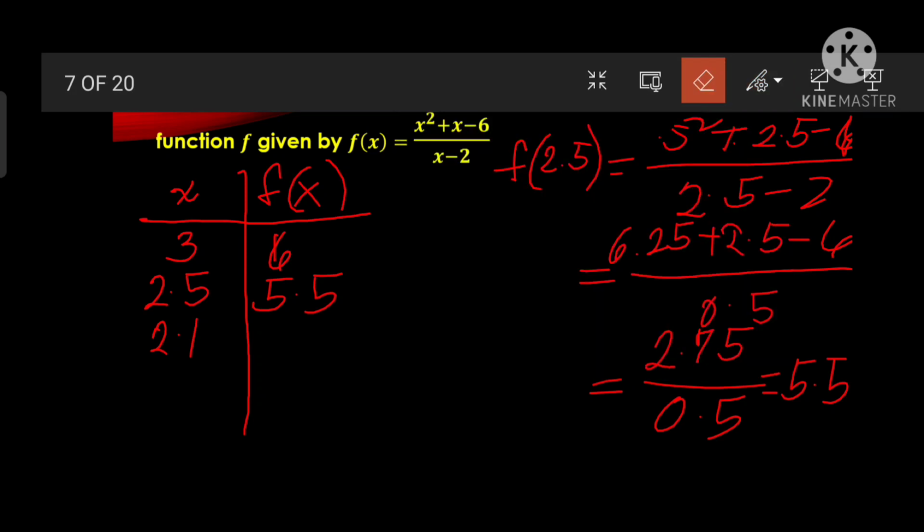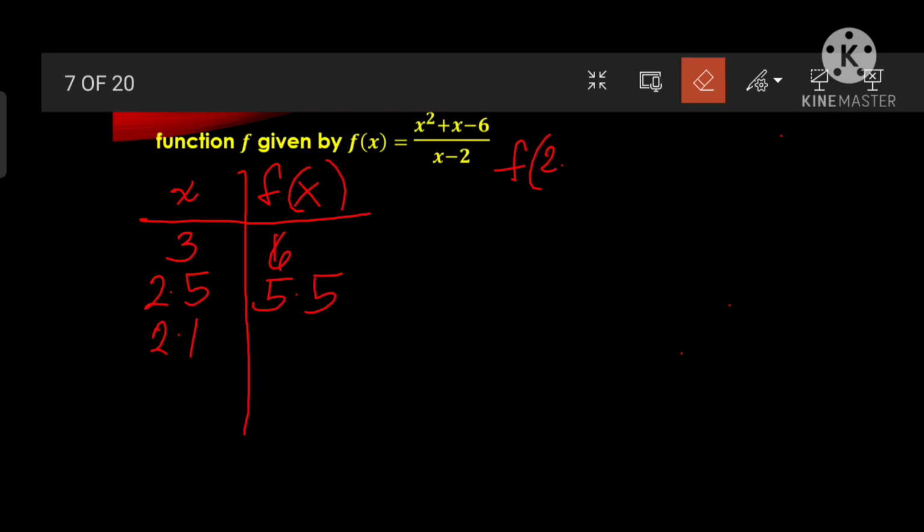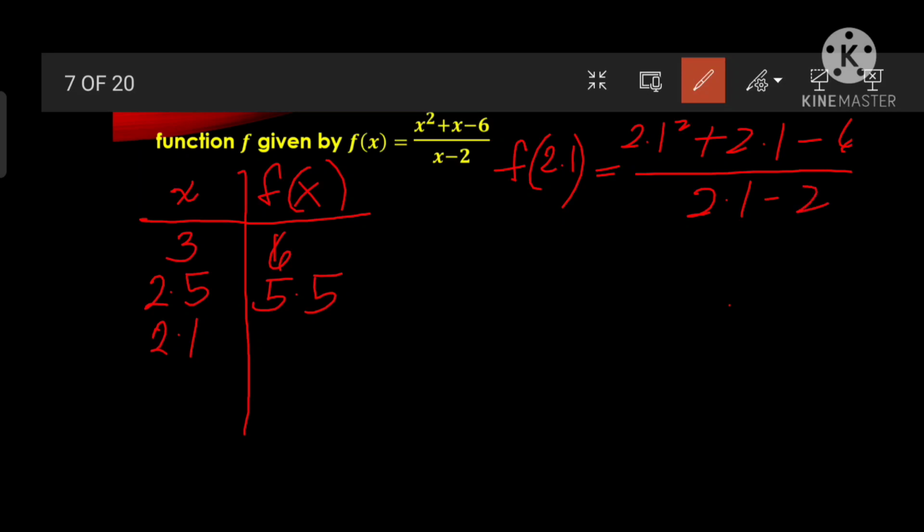So when x is equal to 2.1, 2.1 squared plus 2.1 minus 6 all over 2.1 minus 2 is equal to, so 2.1 squared is simply equal to 4.41 plus 2.1 minus 6 all over 0.1.